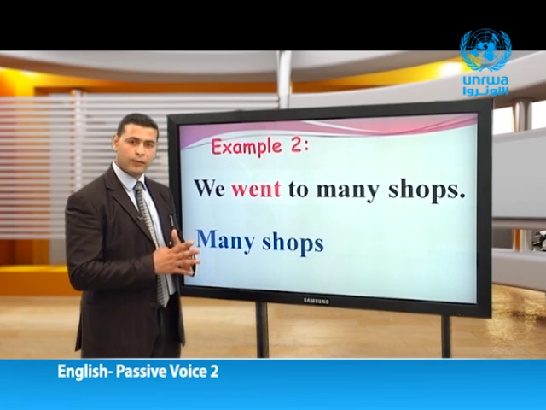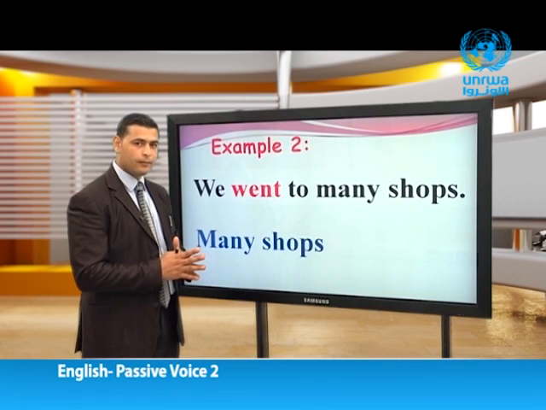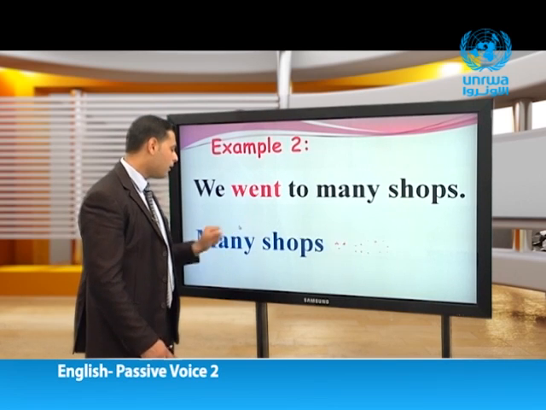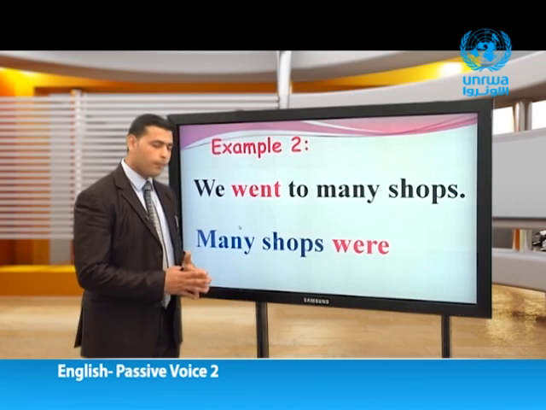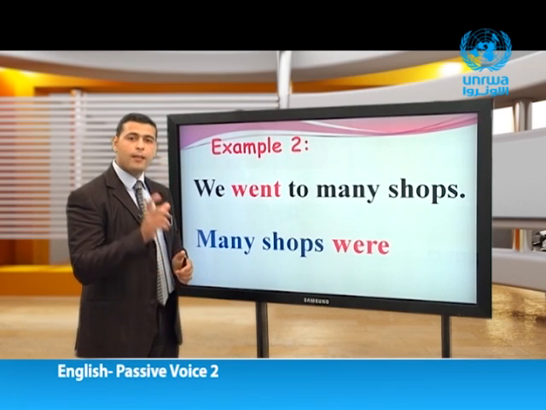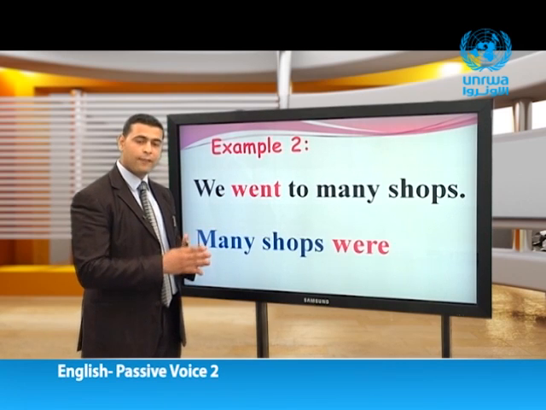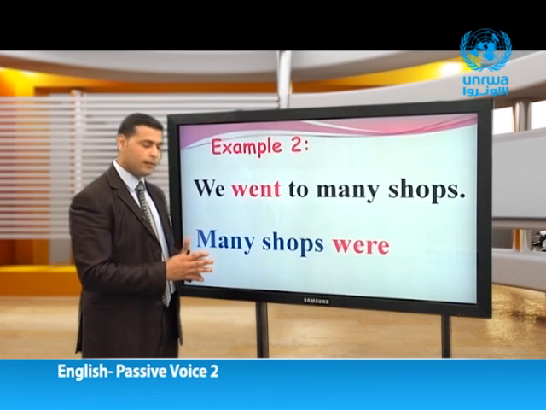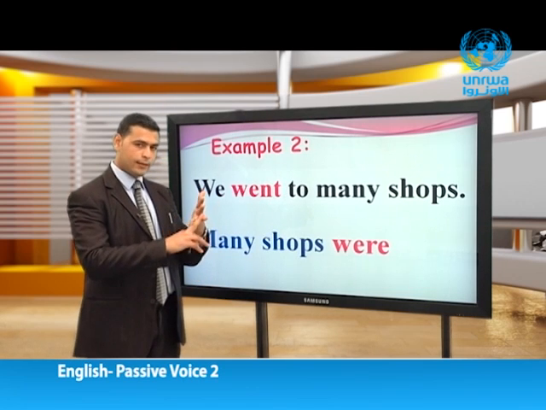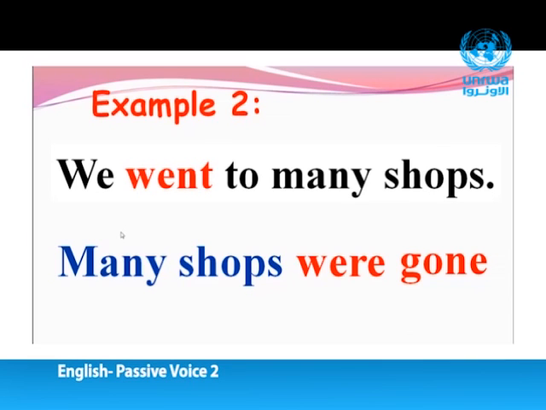Excellent, it's were. Many shops were. Now, after the helping verb were, we need the past participle of the main verb. Went. Go, went, gone. Excellent. Many shops were gone to by us.